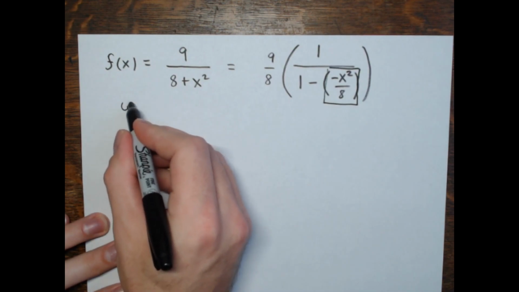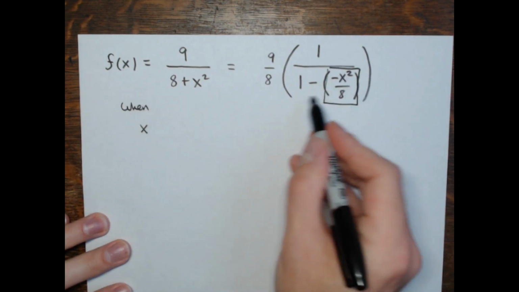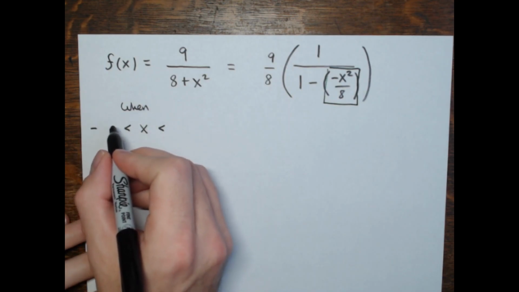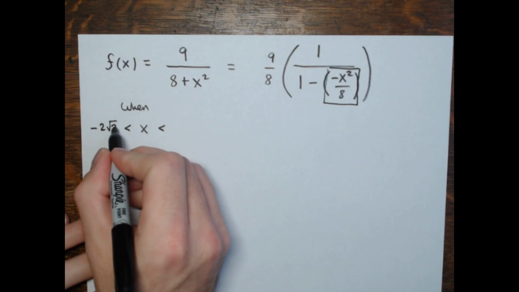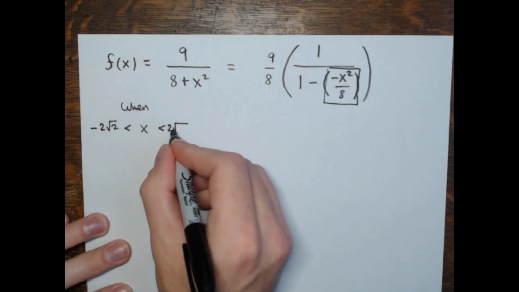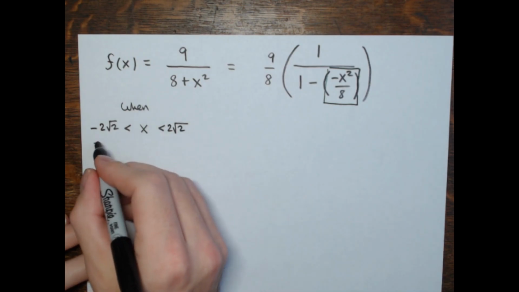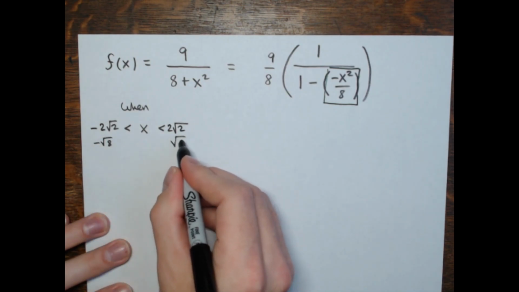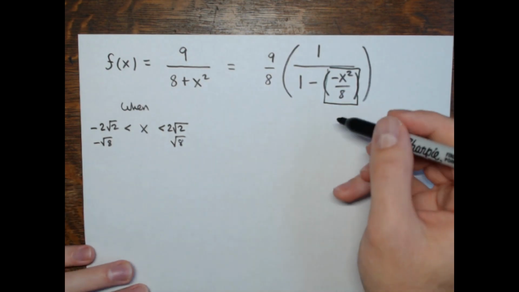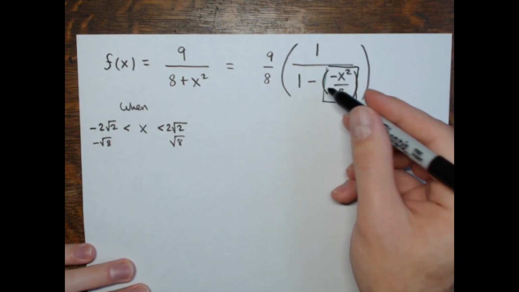Well, that would imply that, when negative x squared over 8 is between negative 1 and 1, x is between negative square root of 8, so 2 root 2, and positive square root of 8, positive 2 root 2. As long as x is between those two values, we have a series that will converge to this function, right?